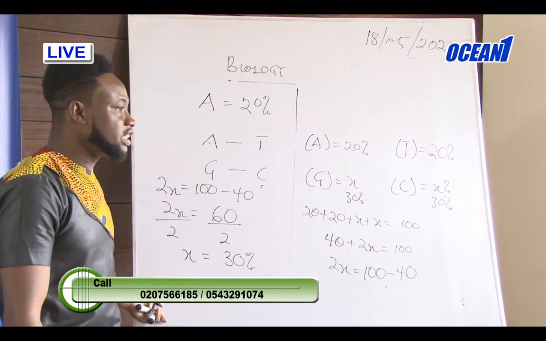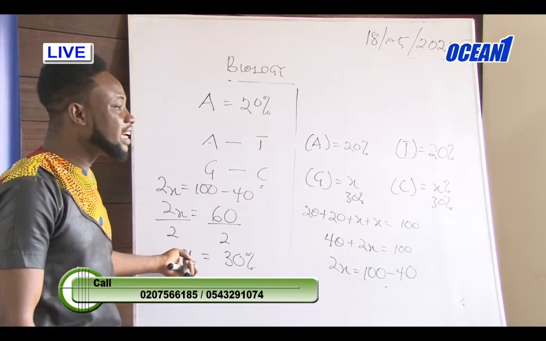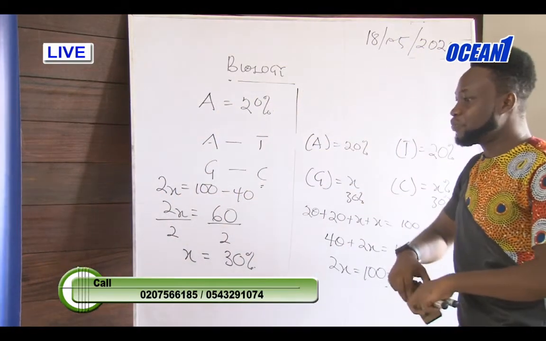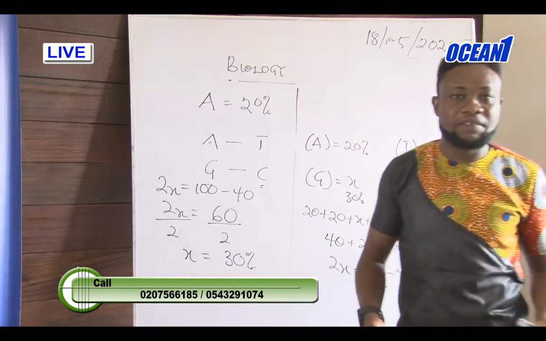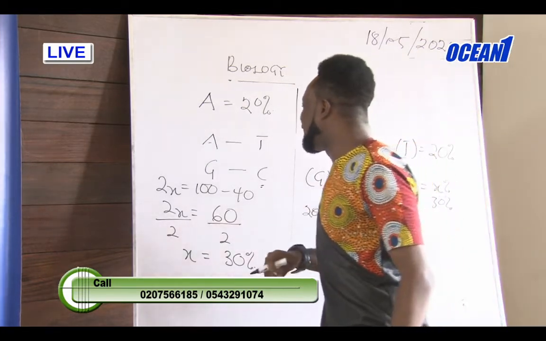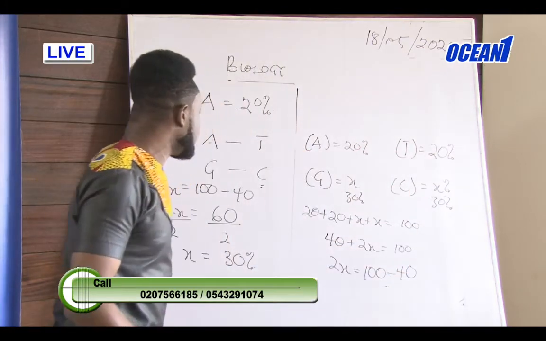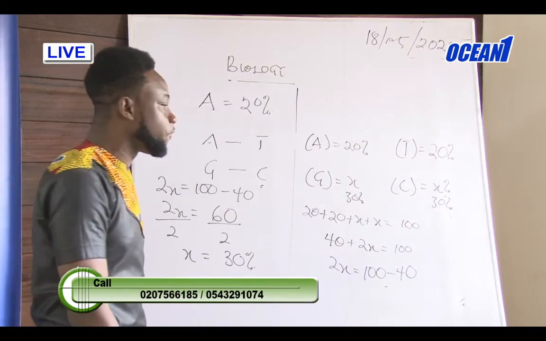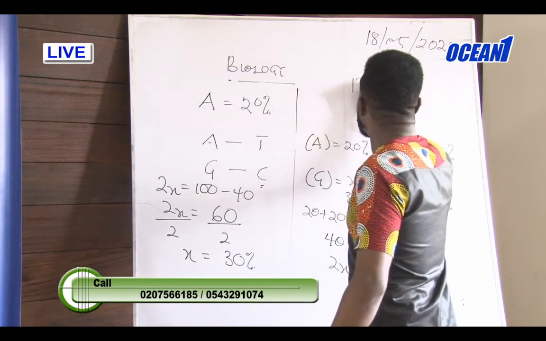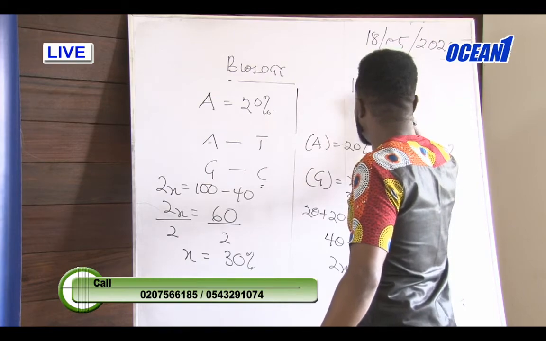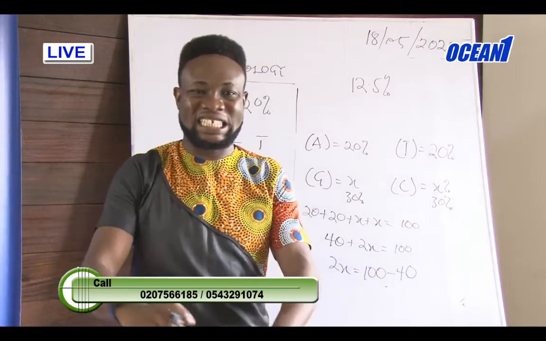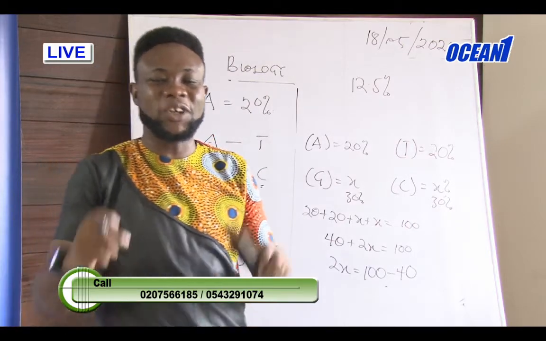Now, as you are waiting for your questions, let me add one example. Based on what we have done, let me ask you this question. You can give it a try. I'll give you just a minute to try. In a DNA strand, if the percentage of guanine is 12.5%, then what will be the percentage of adenine?